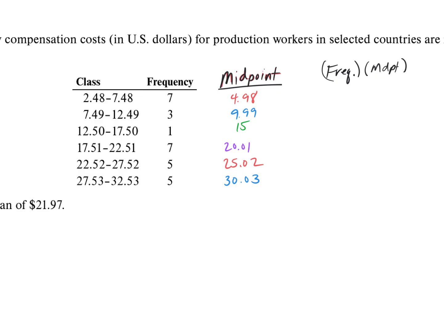After you've done that, you are going to take the frequency and multiply it by the midpoint. So this is similar to your weighted averages. You're doing a weighted average here.